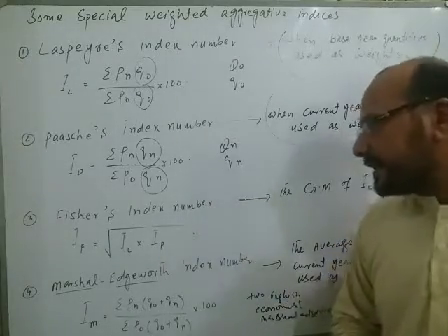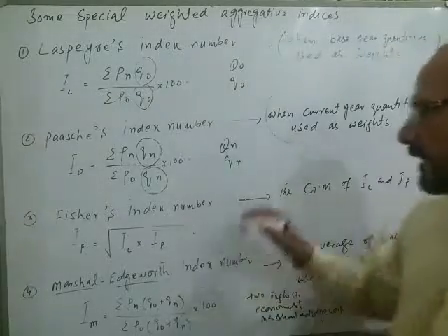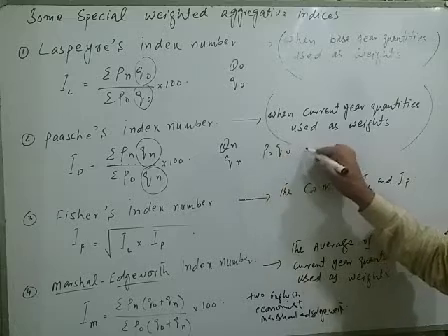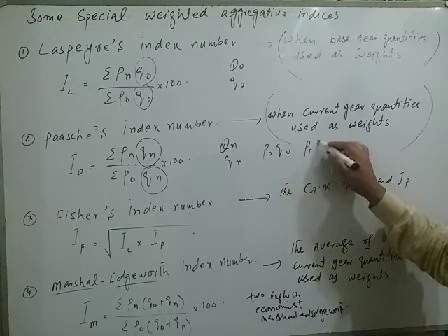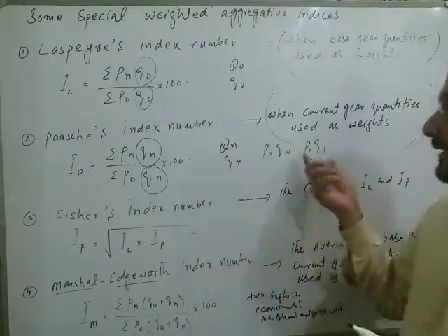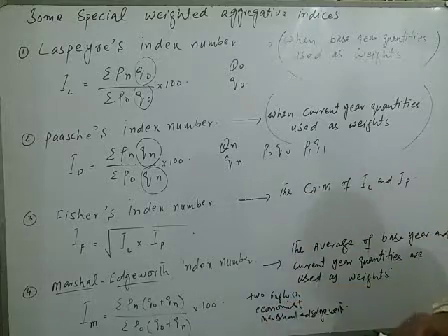For example, if we have 2 year data, we will write p naught, q naught, and p1, q1. It means that we will find the products of these, p naught and q naught, p1 and q1.